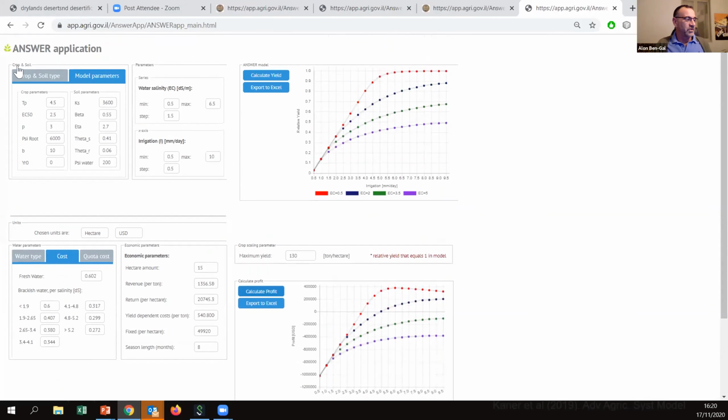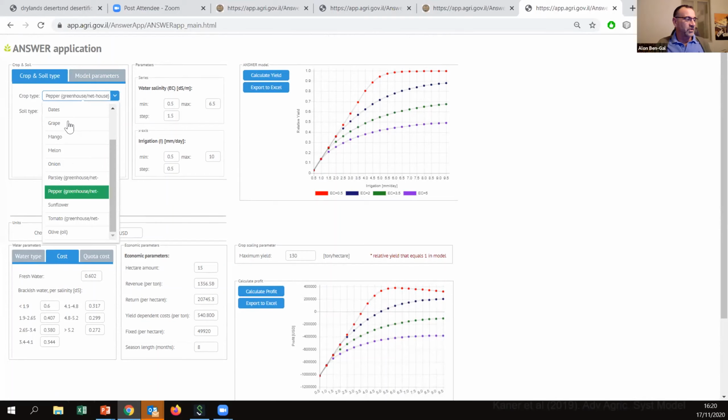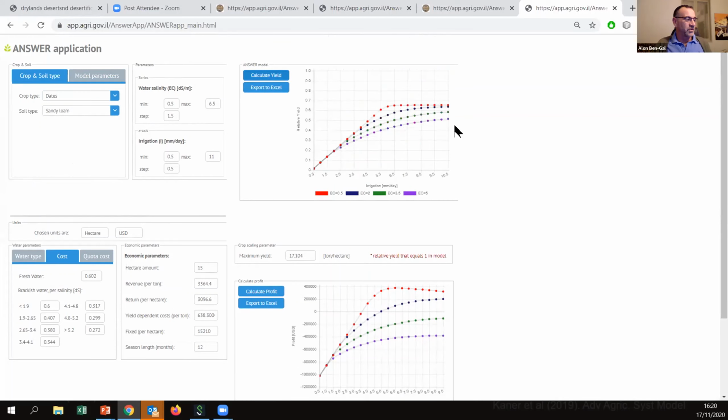For that, he can also go back, and a lot of our farmers are doing this, and consider in the Arava switching from peppers to, say, dates, which are more tolerant of salts. We see less of a response to salinity.